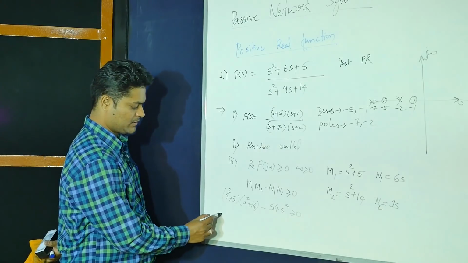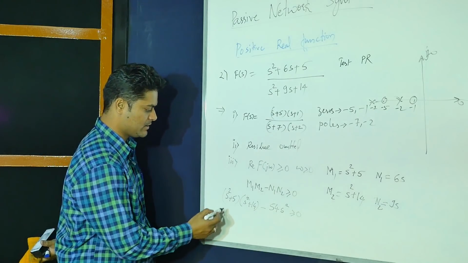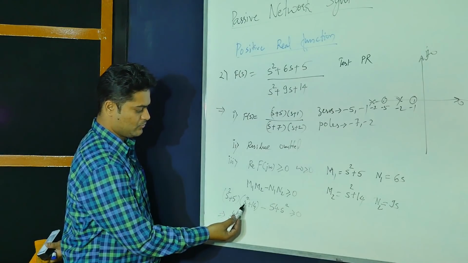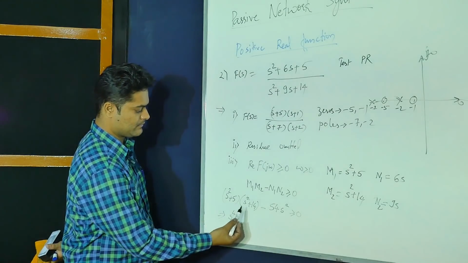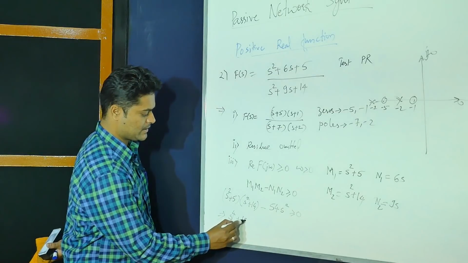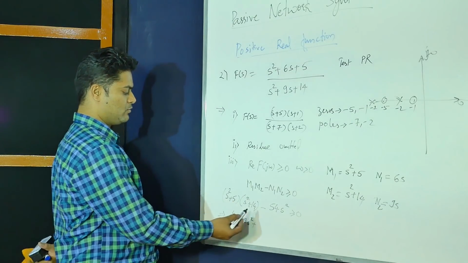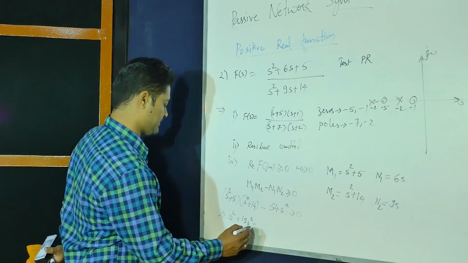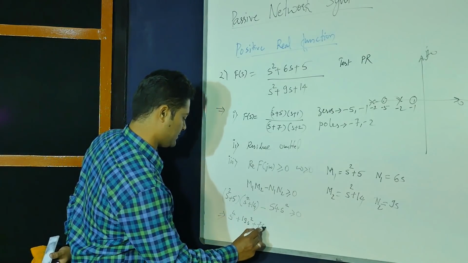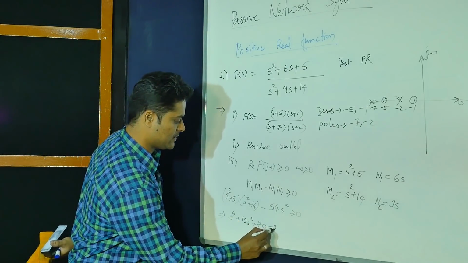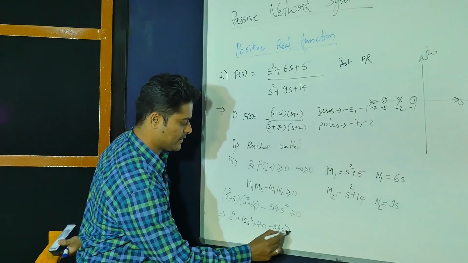After multiplication, we have s to the power 4, plus 5 plus 14 which is 19 s square, plus 5 into 14 which is 70, minus 54 s square, greater than or equal to 0.